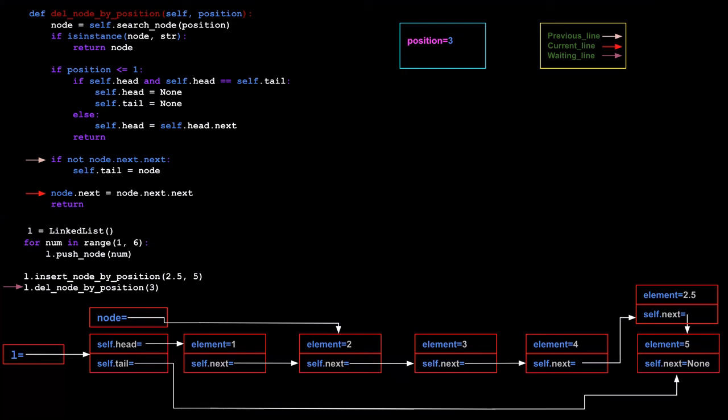So what we are saying, hey node, go ahead and dereference, access the field. So if you take a look at the box that contains the variable node, it's pointing to the node that contains element 2.